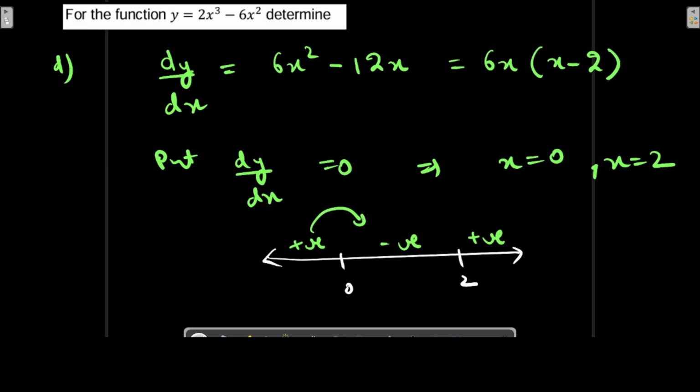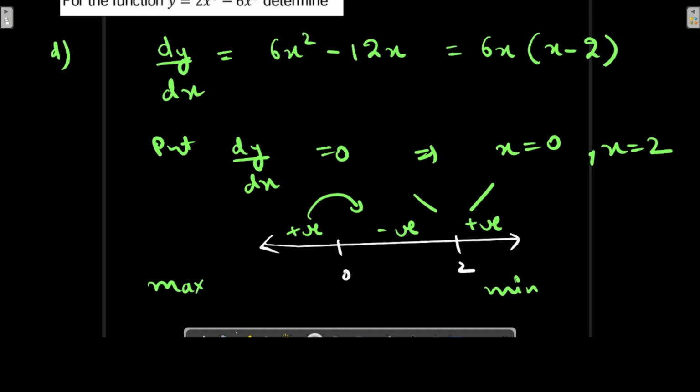So from the left hand side of the 0 to the right hand side, the sign changes from positive to negative. So it's a max point, and this one is a min point. Why? Because there's a falling slope, then there's a rising slope. So it becomes a minimum point.